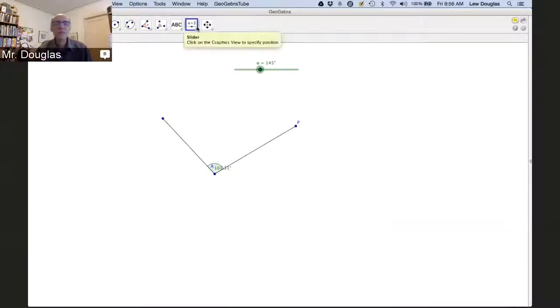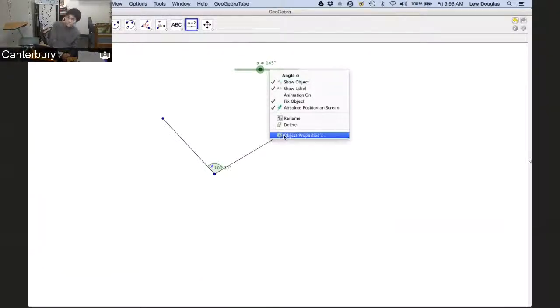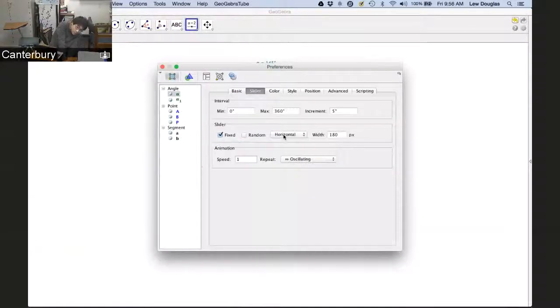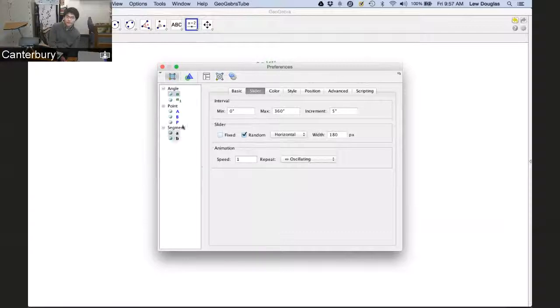Oh. Can I do that now, or do I need to start again? I guess you can double click the slider and try to change its properties. Oh. Yeah, you can do it in the properties. So, I see, right. So I have to make it random. Not fixed. Is that right? Yeah.